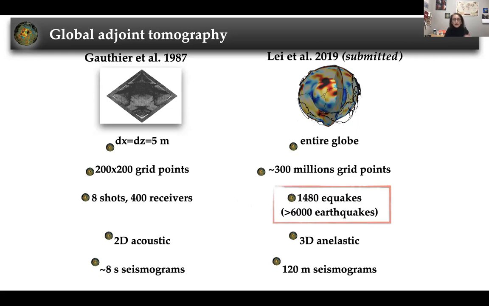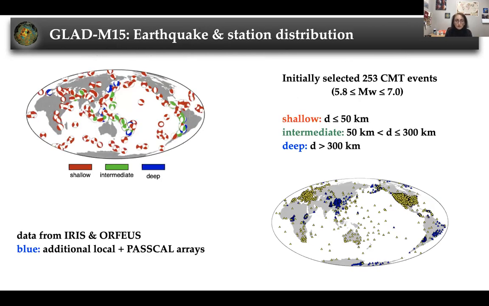And this is not submitted, this is now published. The GLAD M25 model was constructed using more and more data, actually, not 253, but this time more than 1,400 earthquakes were used. And of course, the ultimate goal is to use the entire catalog, just to give you an idea about the size of the problems.